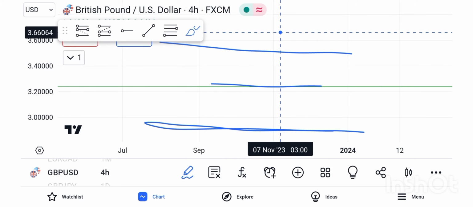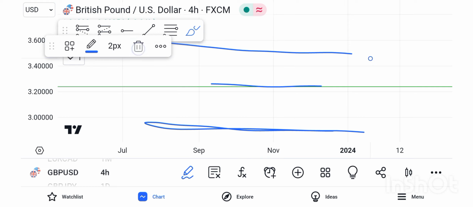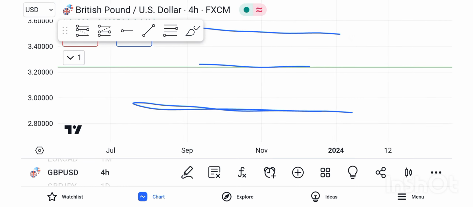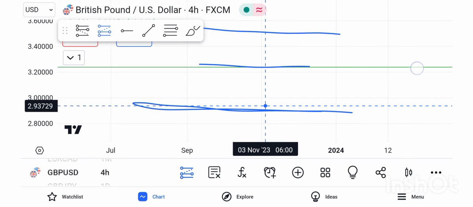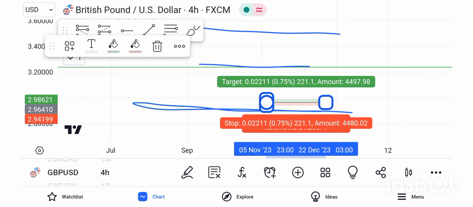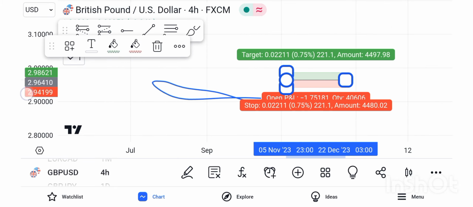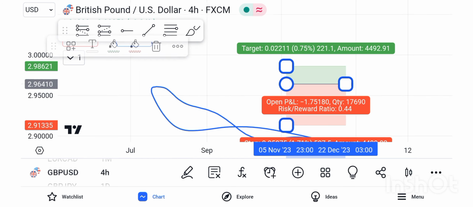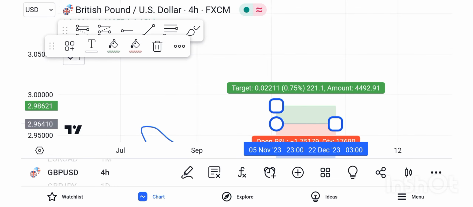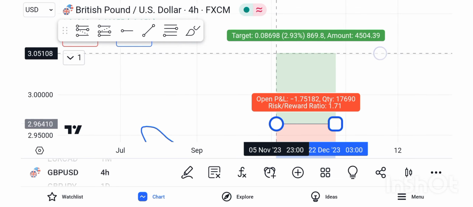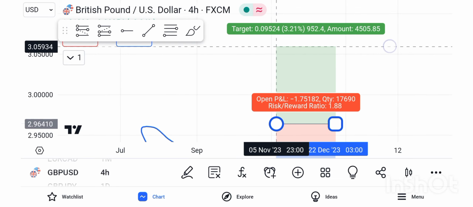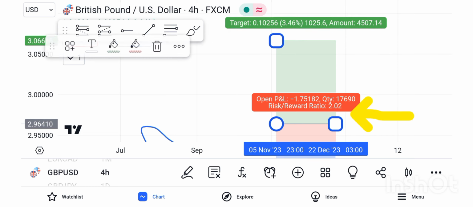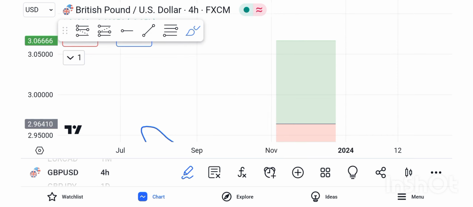So what can you do? What else can you do? Is to use your 1:2 reward to risk. So let's assume your stop loss is somewhere here. So your first take profit level will be 1:2. Right? Do you guys see this?